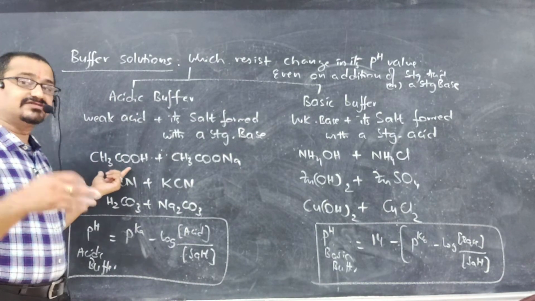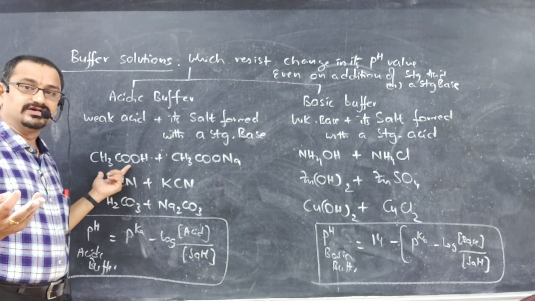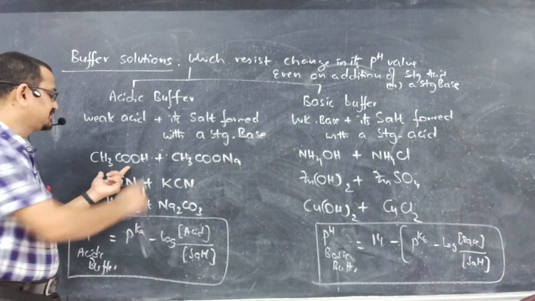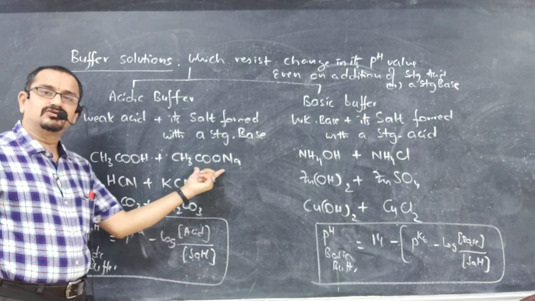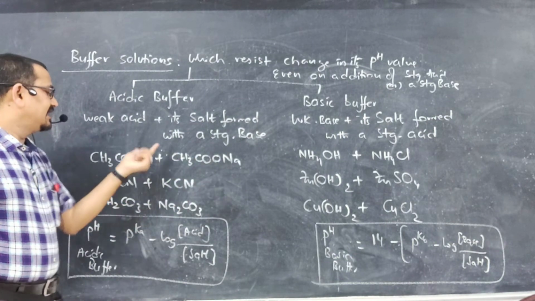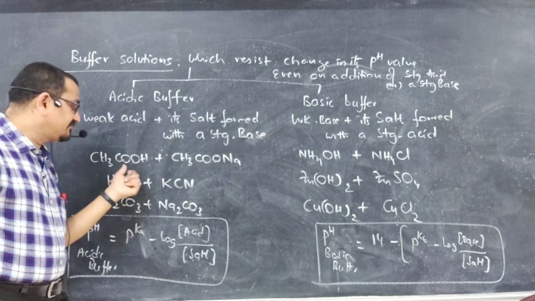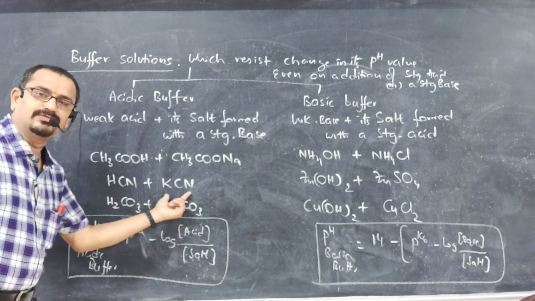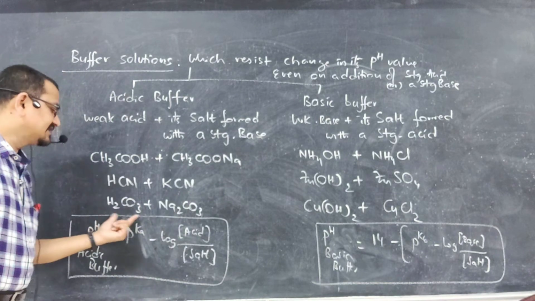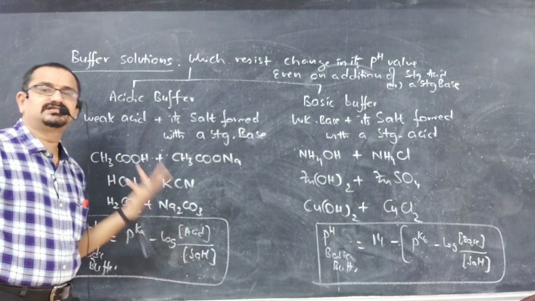When it reacts with a strong base like NaOH, H plus will be replaced by Na, forming the salt CH3COONa. So: weak acid and its salt formed with a strong base NaOH.